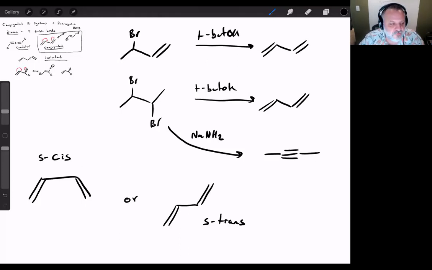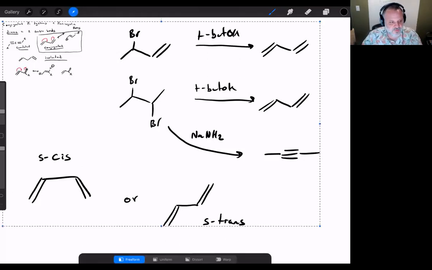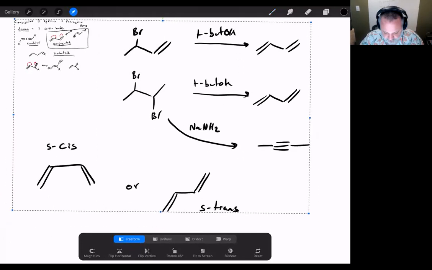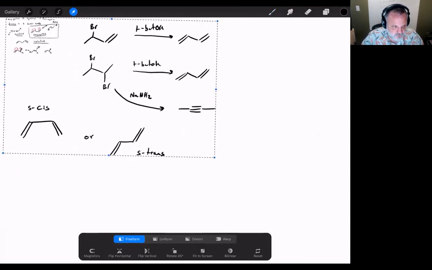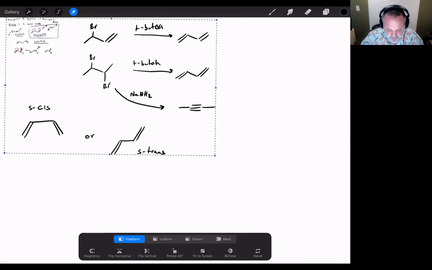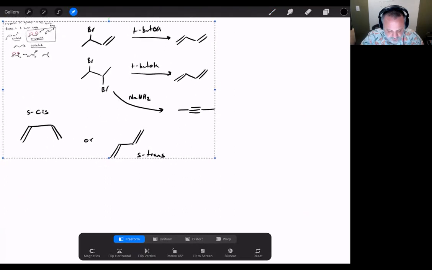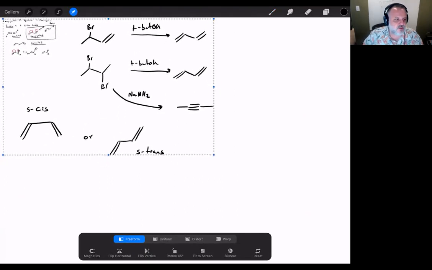And can you think of which one is more stable and why it might be stable? Just take a quick breath and think about that for a second. And type in chat, what do you think? Which one's more stable, the cis or the trans version? And if you think so, why?